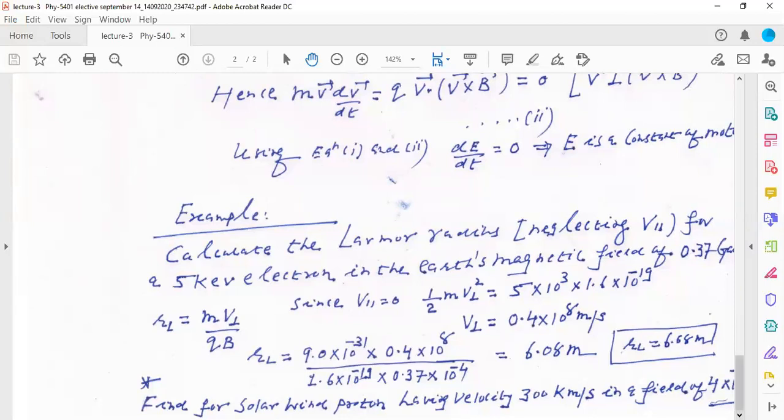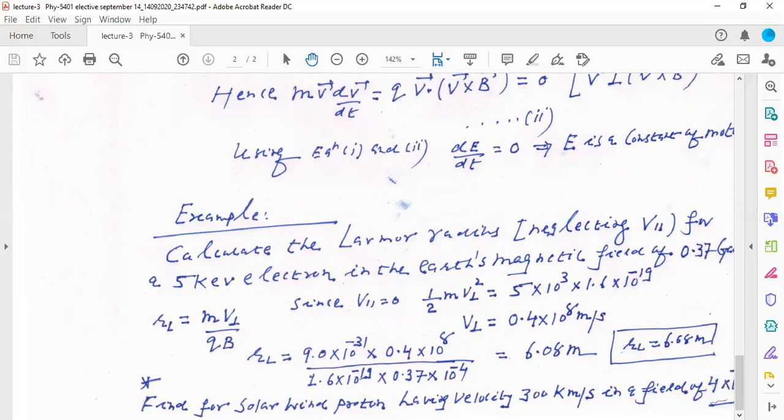And you can also calculate some other problem. Find the Larmor radius of a solar wind proton having velocity 300 kilometer per second in the same field, 0.37 Gauss.